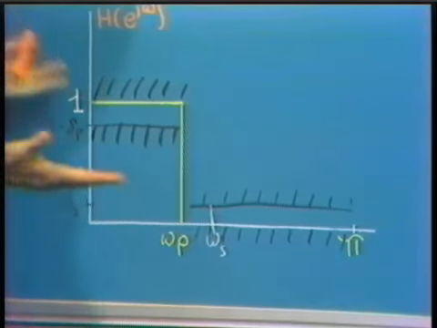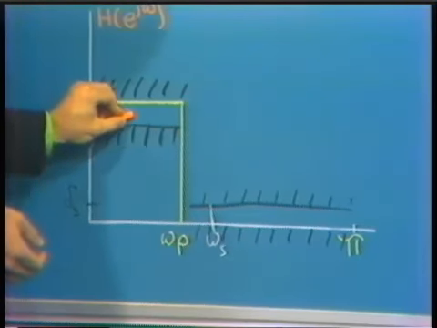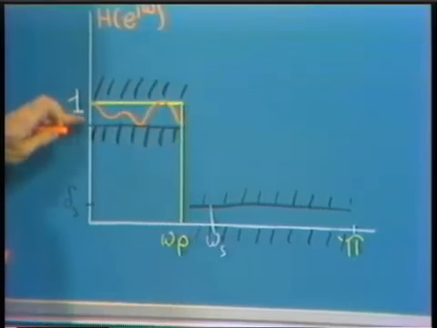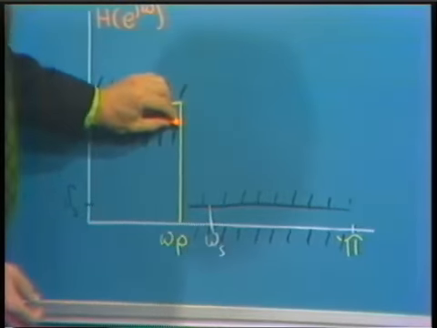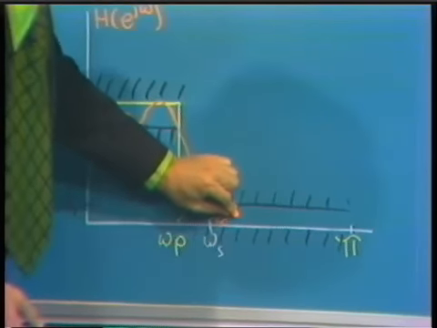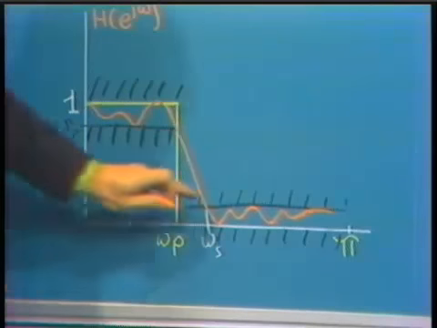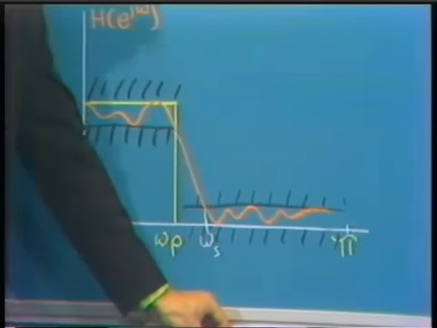And a typical kind of characteristic that might result is a filter perhaps that ripples between these limits, 1 and 1 minus delta sub p in the passband, and then makes the transition into a stopband region and perhaps wiggles around in the stopband region, sometimes perhaps touching the limits and sometimes not.